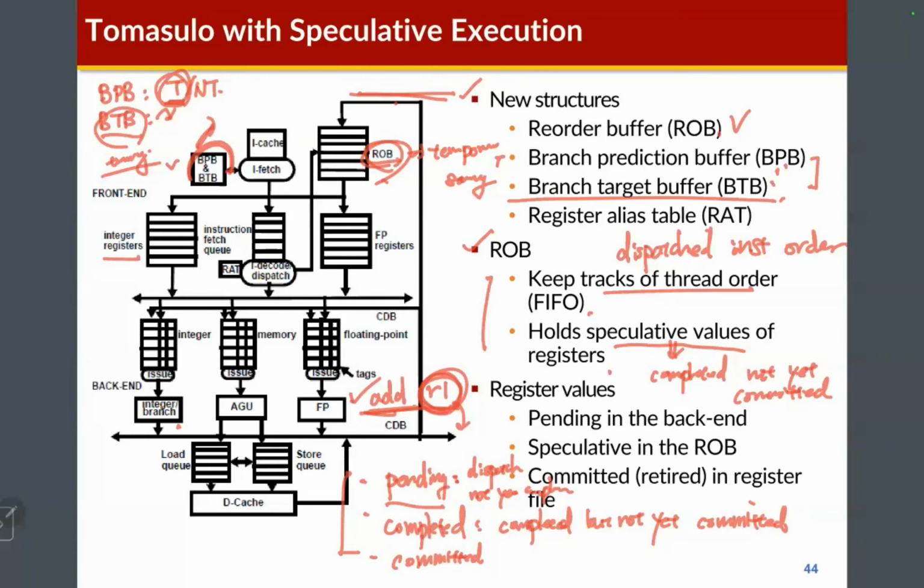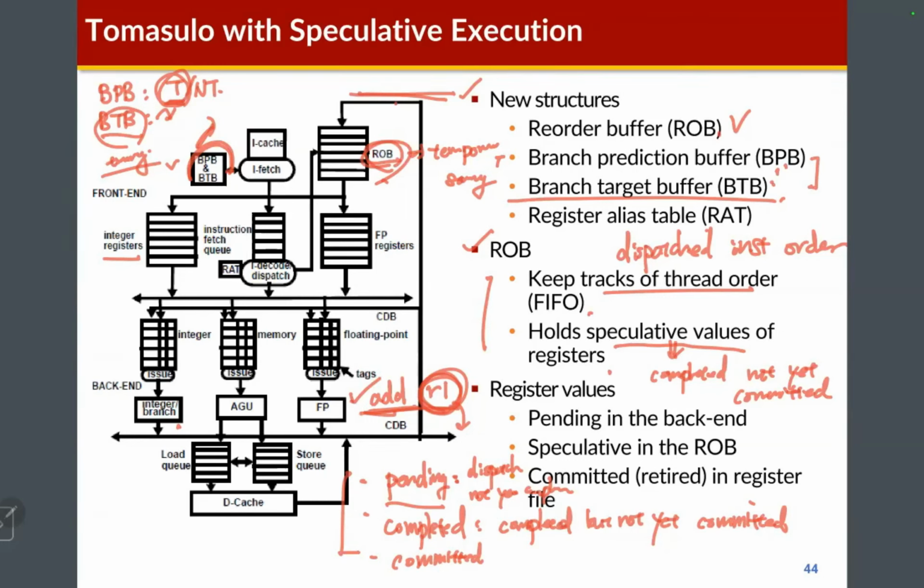The modern processor employs out-of-order processing, speculative execution, and superscalar. By combining these techniques, we can improve the performance of modern processors. So it's very important to understand how out-of-order processing works in this processor architecture.